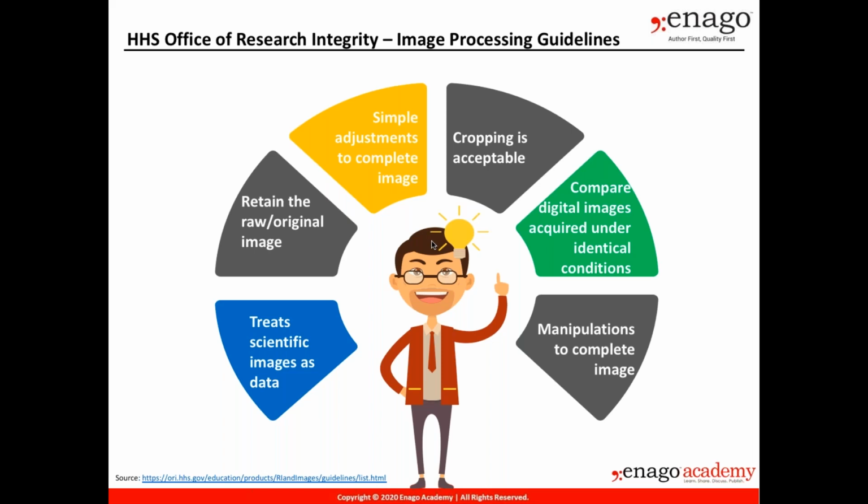What are their guidelines? Well, if we start at the blue and then go clockwise, remember that images are data. Okay, it's the same as numbers in a table or numbers on a graph, something like that. Images are subject to the same requirements and restrictions.